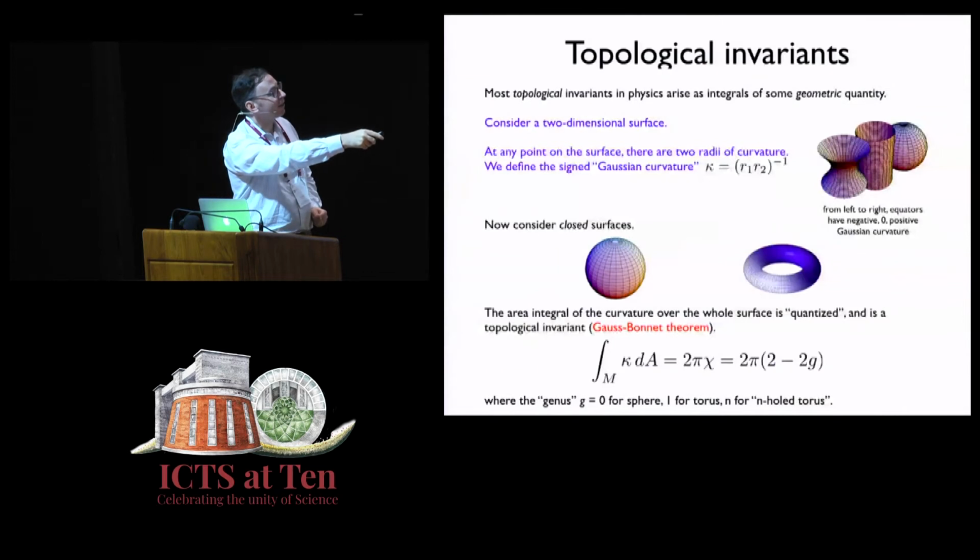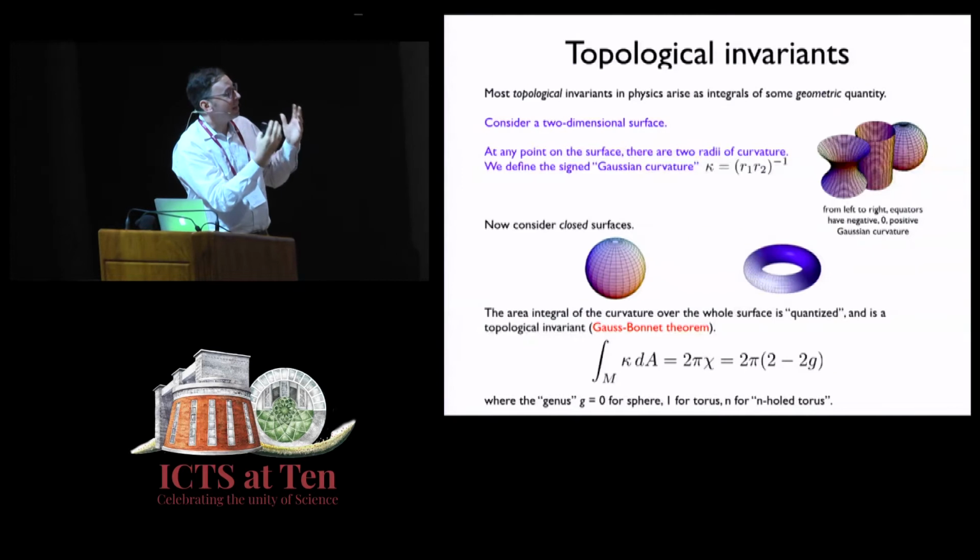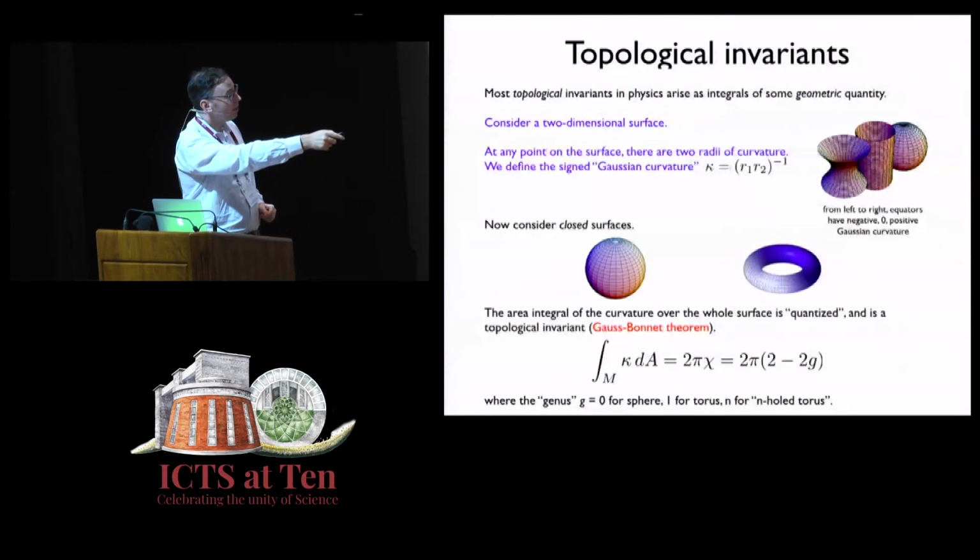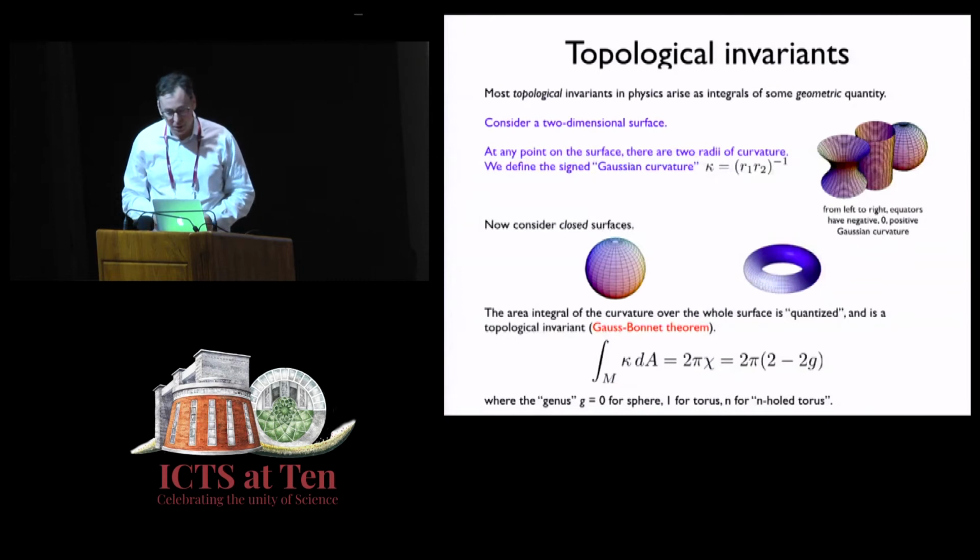If I take the sphere, both curvatures are away from me or both are toward me, but either way they have the same sense, and that's positive Gaussian curvature, while this hyperboloid is negative Gaussian curvature, and the cylinder is actually not curved from Gauss's point of view.